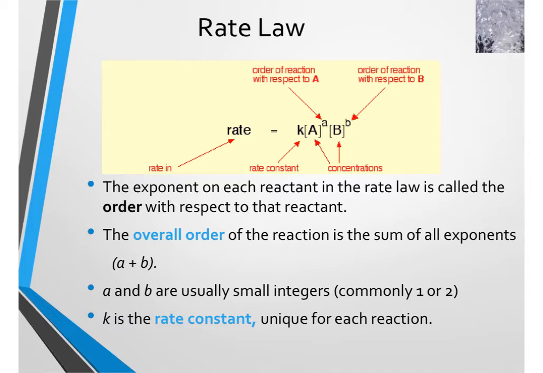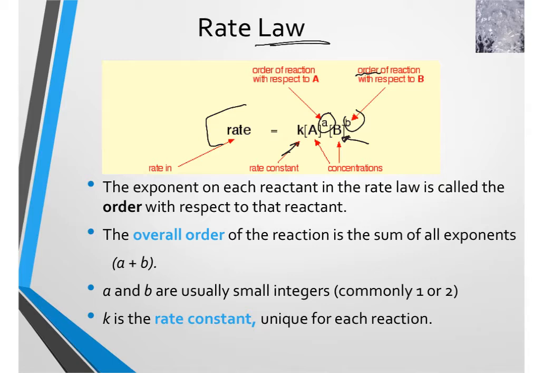So again, looking at the general format for a rate law. This is the function describing rate. Rate equals some rate constant, which will end up being very important. And the exponents, again, are called the order of the reaction with respect to whatever reactant or product they modify.